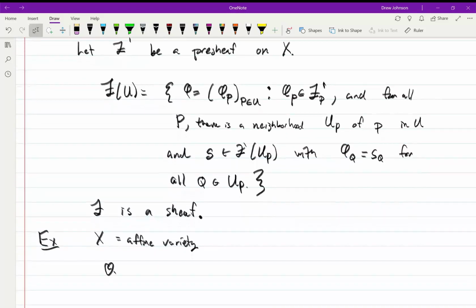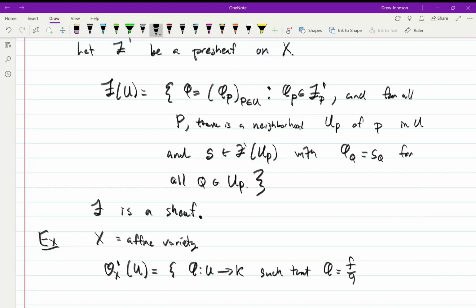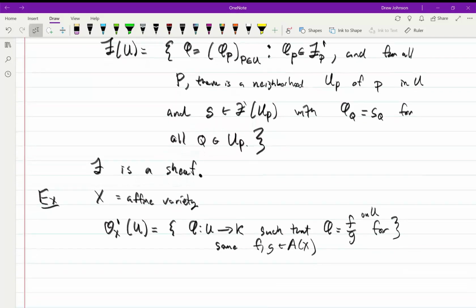Let's define the pre-structure sheaf of X to be all functions phi from U to K, such that phi is equal to F divided by G for some F and G in the coordinate ring, at least on U. All right, so we already saw that this is not a sheaf in general. We had some examples that were not unique factorization domains. That's what gave us the problems.